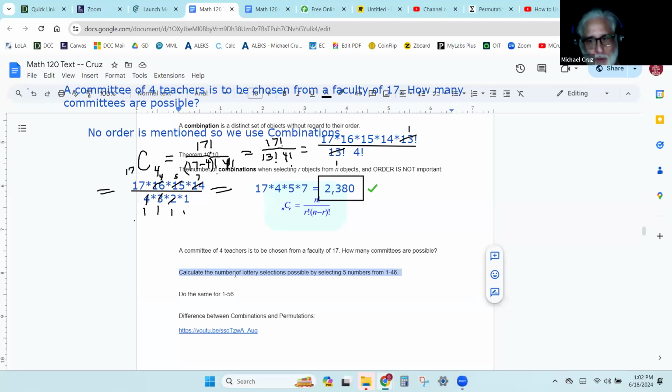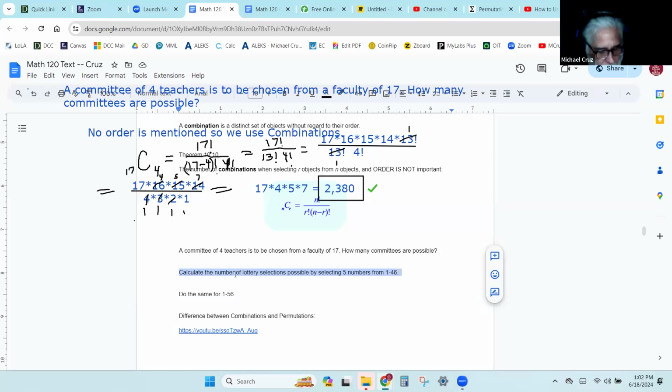In other words, if we got a committee of 4 teachers to be chosen from 17, well, we can kind of see that we're treating it as one group, and we don't need to be worried about which 4 it is, because the 4 that are being picked are not ordered.